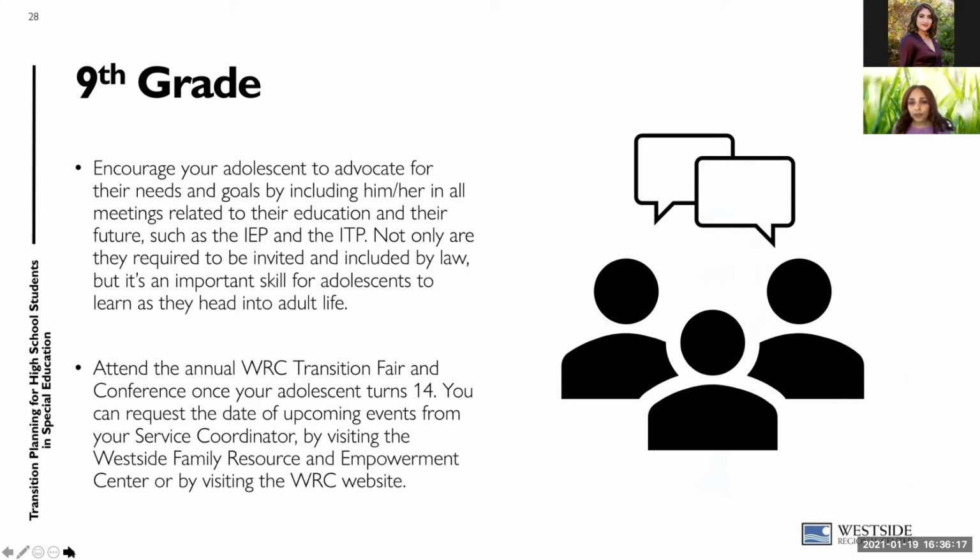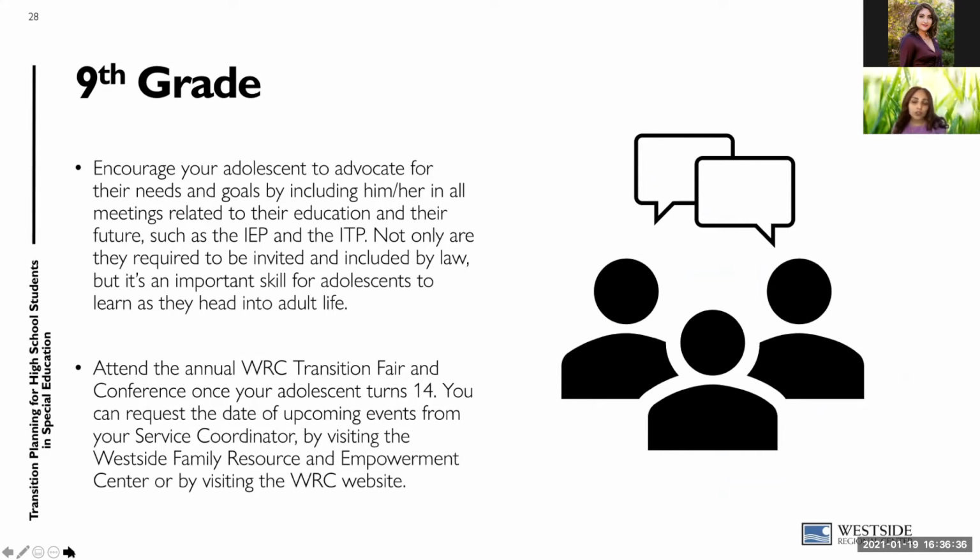And working on these skills, we have to make sure we teach them about their disability, knowing how their disability affects them. We also have to teach them how to speak up and be able to request what they need and advocate for themselves.